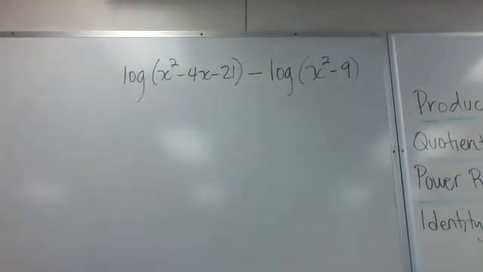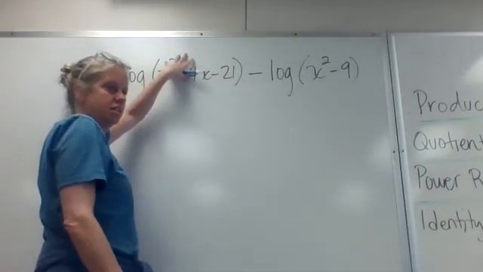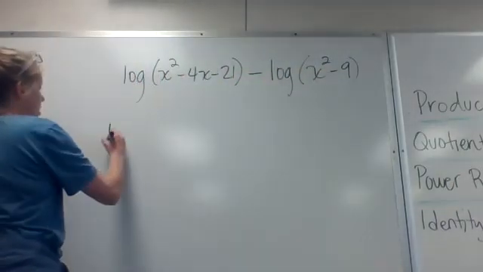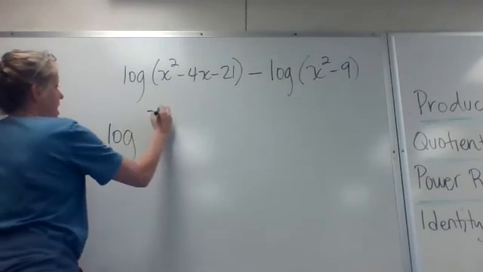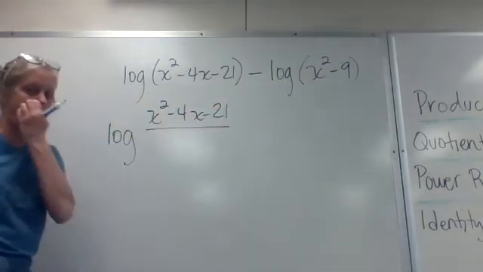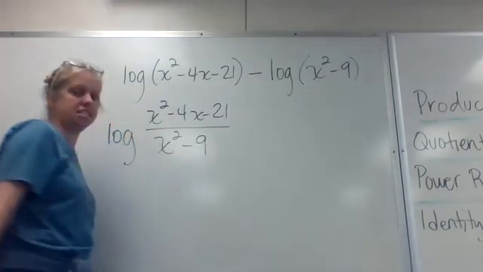So once again, since it is subtraction, I want to turn it into a single logarithm and then see if I can simplify it. So what is the subtraction going to turn into? This, good, over this. So log of x squared minus 4x minus 21 over x squared minus 9.